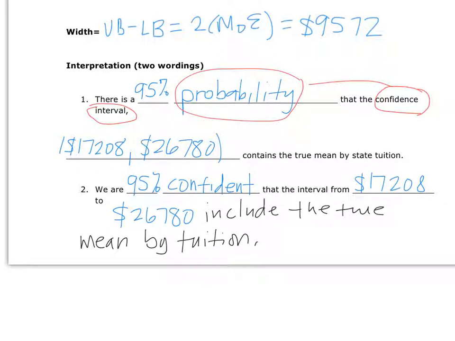Again, we want to associate the confidence with the interval. So we're 95% confident that the interval was calculated correctly in such a way that it includes the true mean out-of-state tuition. When you're asked to interpret a confidence interval, you can use these two wordings as a template.